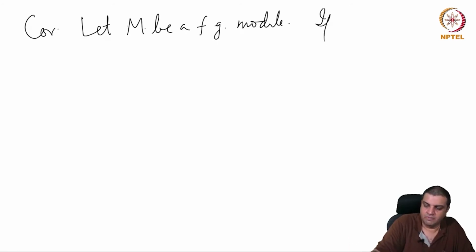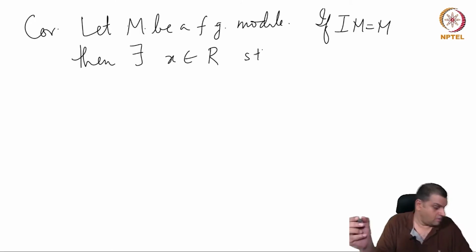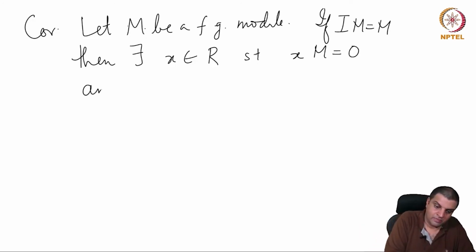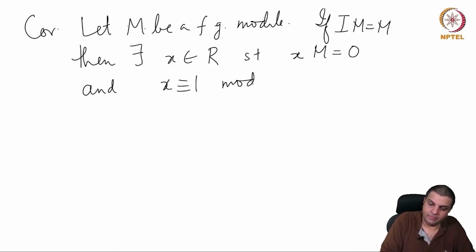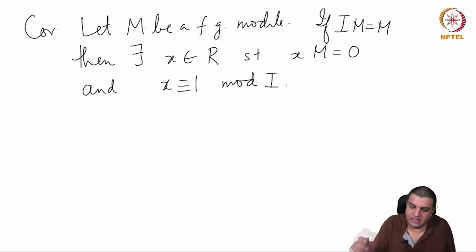If IM is equal to M, then there exists some x in R such that x kills M and x is congruent to 1 modulo I. In other words, in the ring R mod I, x is the same as 1. That's what x is congruent to 1 means. So x minus 1 is inside I.